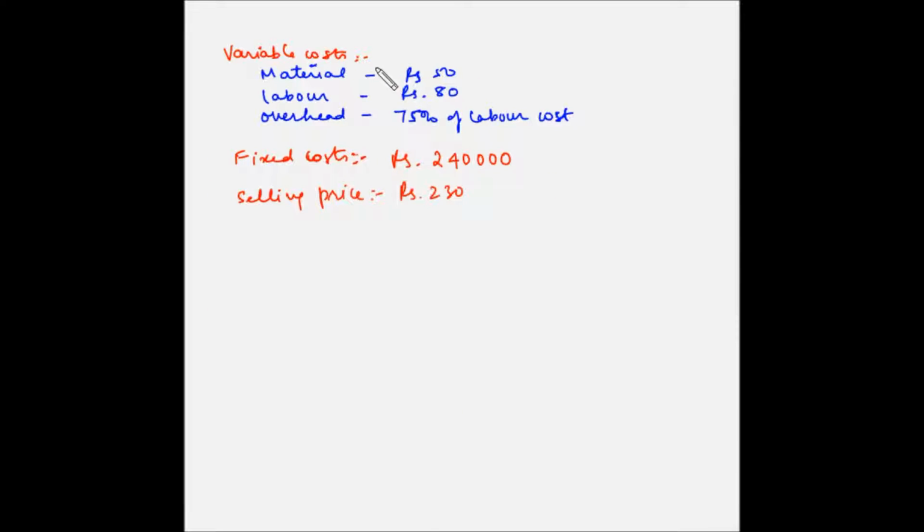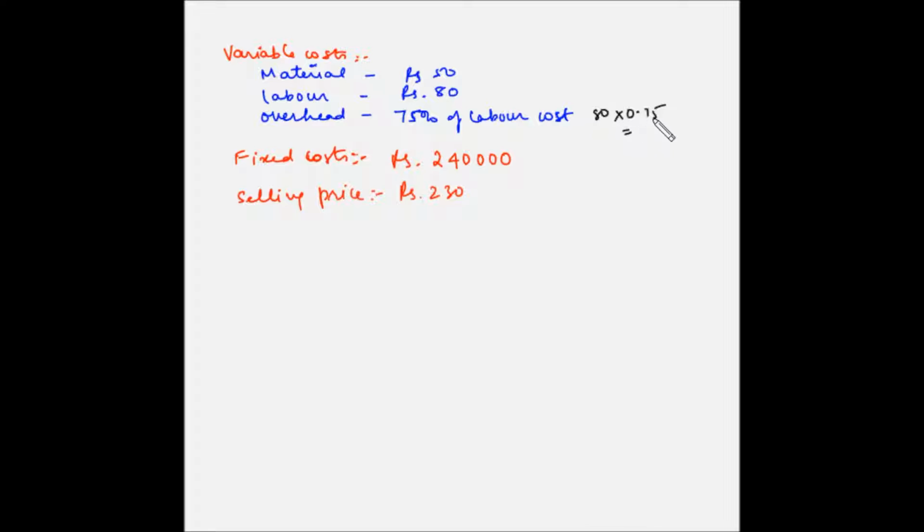So in this example, the information that has been given to us is that the material cost per motor is rupees 50, labor cost is rupees 80, and the variable overhead is 75% of the labor cost. So 75% of the labor cost means 80 multiplied by 0.75, because 80 is the labor cost and 0.75 indicates 75%.